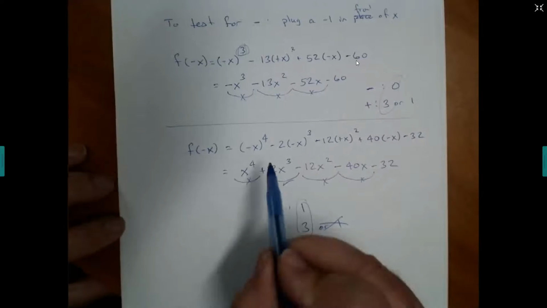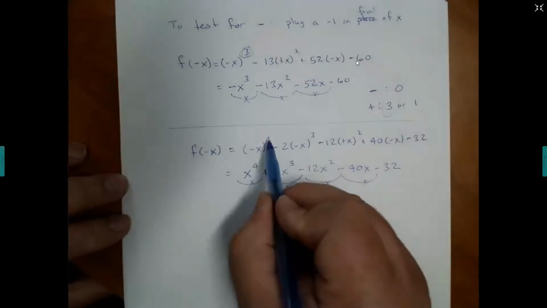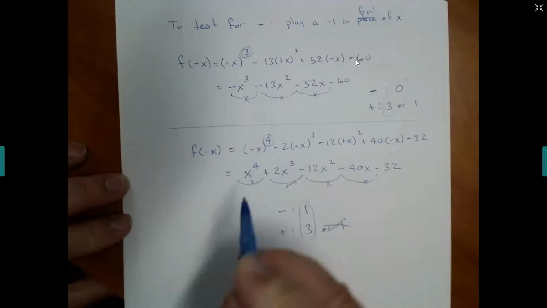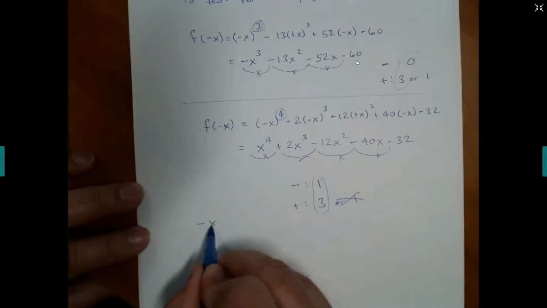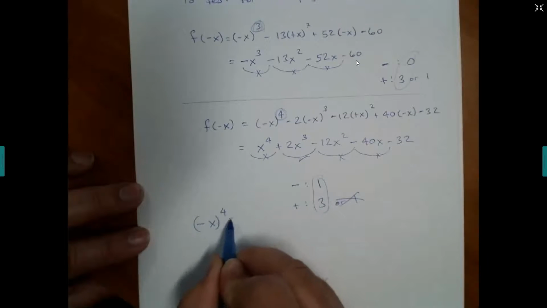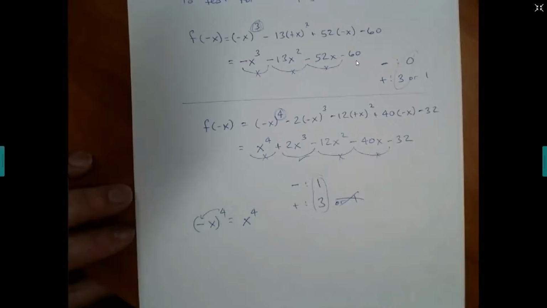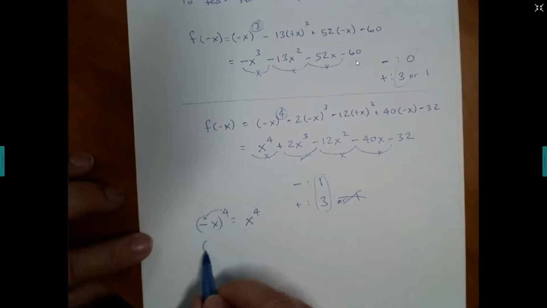Is everybody okay with what I did here? If the exponent is even for a negative number inside the parentheses, so -x to the 4th power is simply x to the 4th, because that cancels. Even powers cancel negatives.